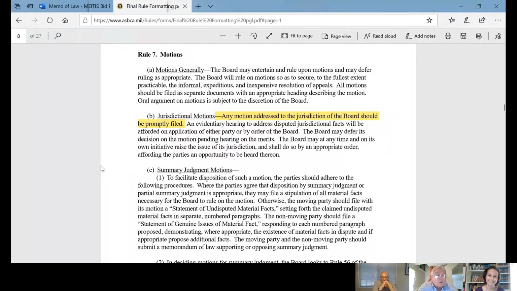What exactly would constitute a jurisdictional motion in front of the board? Well, the rules set out specific things you must comply with, whether it be filing within a certain period of time, or certain subjects, certain remedies. Michael was mentioning the fact that you can't get equitable relief. The rules specifically say you have to have a sum certain, those kinds of things.